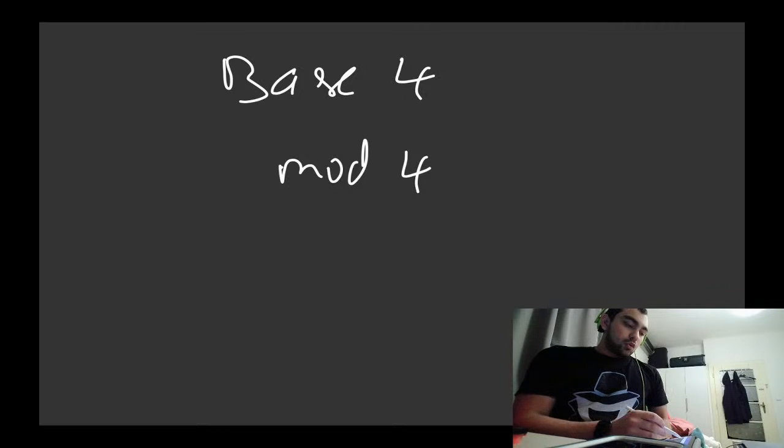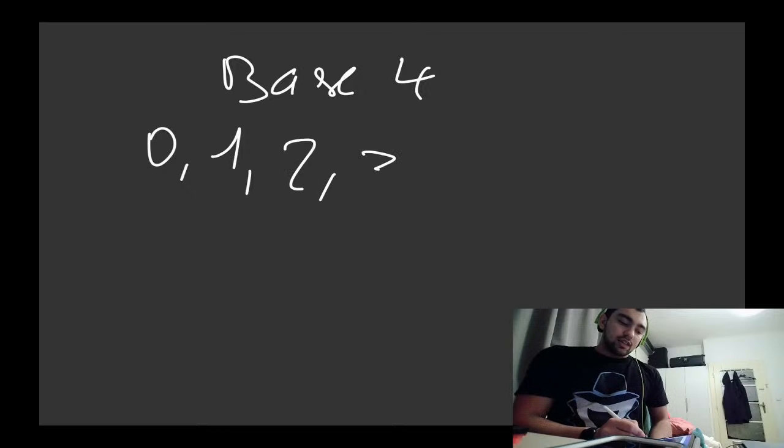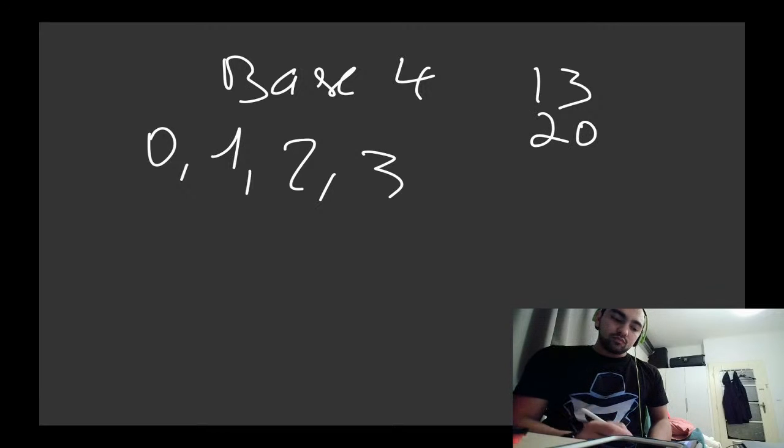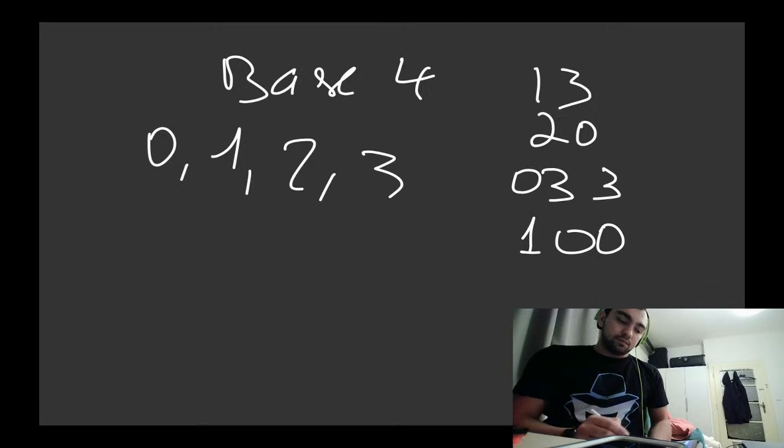So what this means is you start with 0, then 1, then 2, then 3, and then you go back into 0, and then 1, 2, 3. You go back into 0, 1, 2, 3, right? And that's why when you reach, say, 13, this 3 goes into 0, and this 1 goes into 2. And once you get to 33, these 2 go into 0, and then this other number goes into 1. So this is how we count.